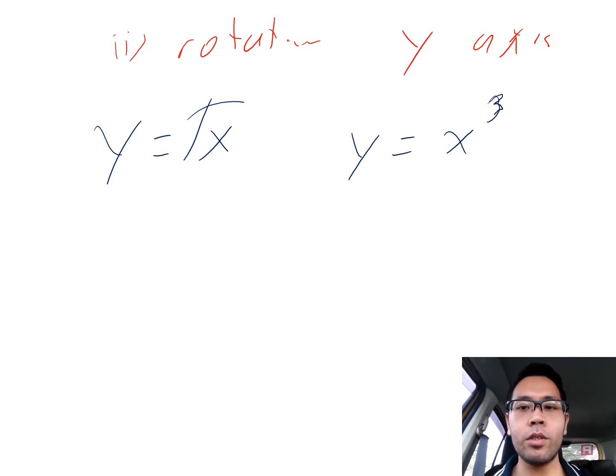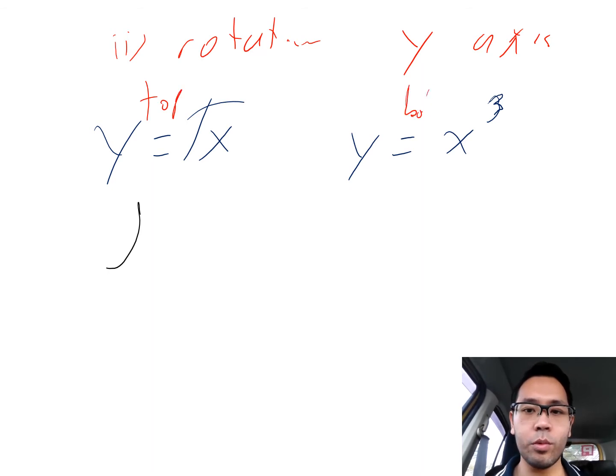So how do we do rotation through the y-axis? Which one is top, which one is bottom? This one is the top, this one is the bottom, based on the graph just now.